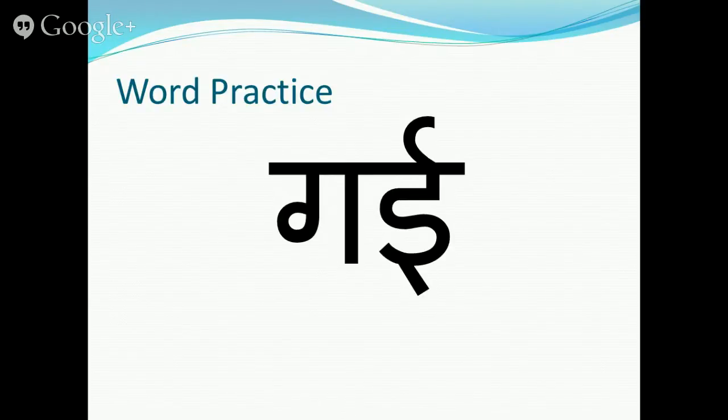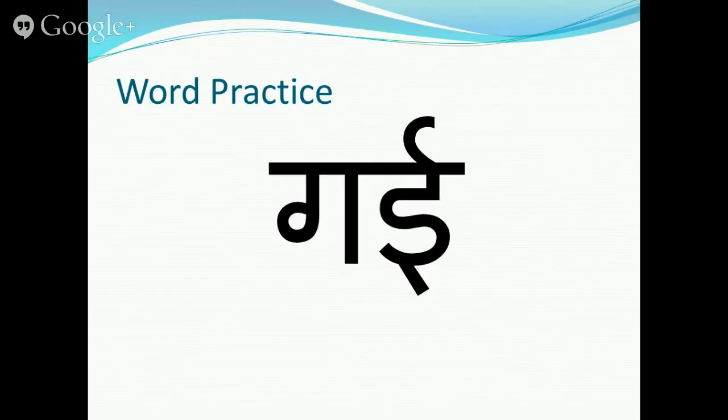Be careful here. So what is this? Well, remember, every consonant that's not followed by some other vowel symbol, which we haven't learned yet, but rest assured there is no vowel symbol here, has the inherent a as the vowel. So there are actually two vowels in this word.